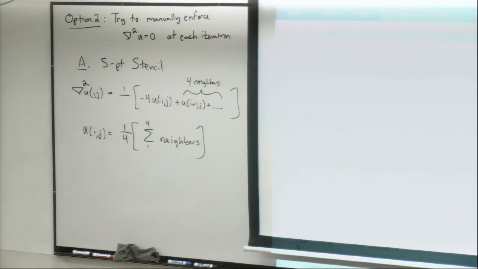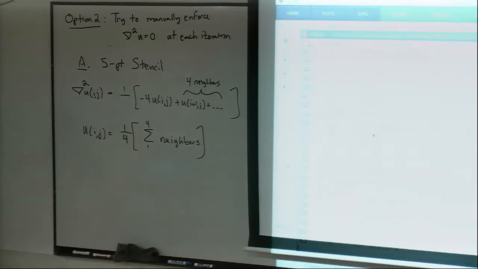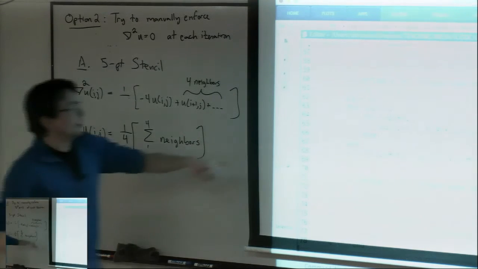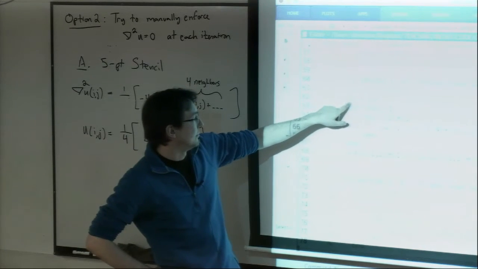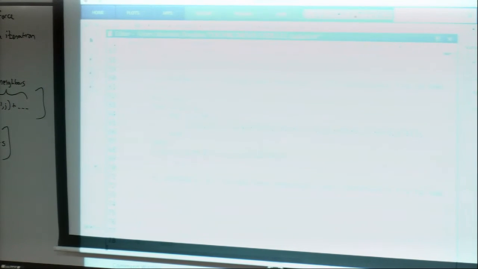I'm going to code this one up now. Really glad I pre-coded all of this. Option 2 is we forget the heat equation and iteratively try to make Laplace's equation equal 0 with our 5-point stencil. I shouldn't have called this L of u. Now I have my average function of u.